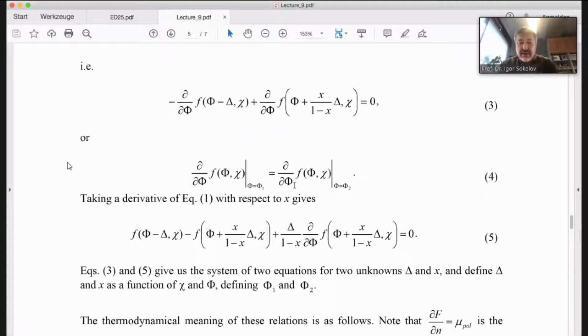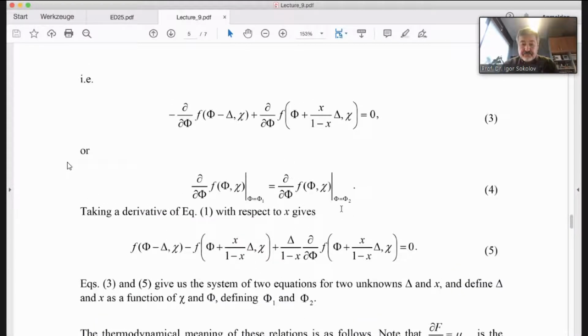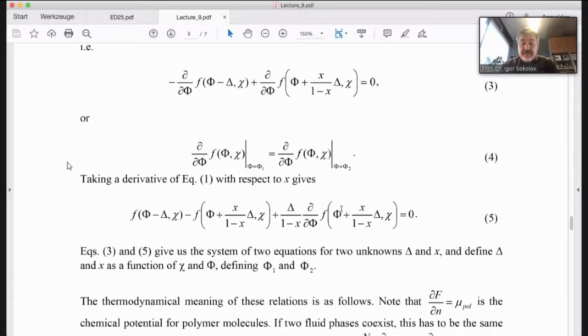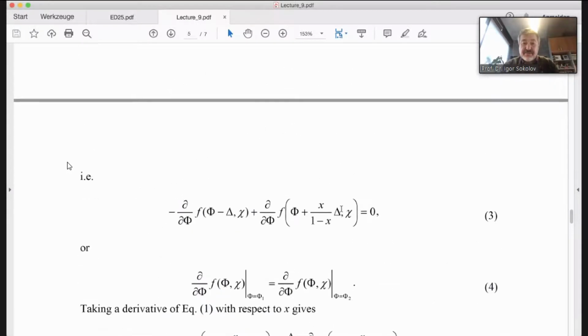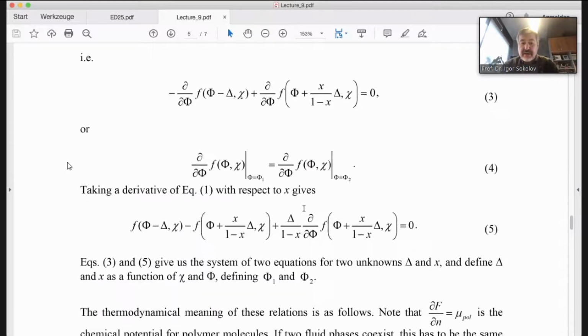I will comment on these two expressions in a minute. I get this expression. Now I have two equations. I have this equation and this equation with two unknowns.